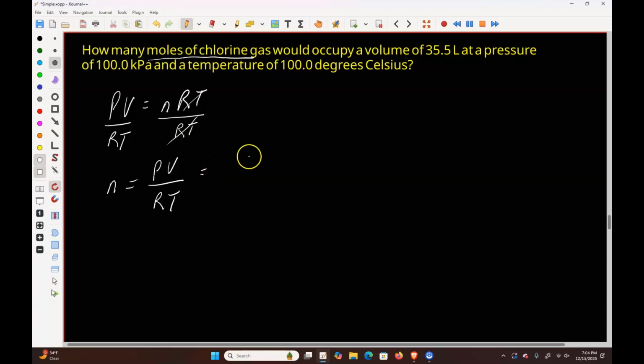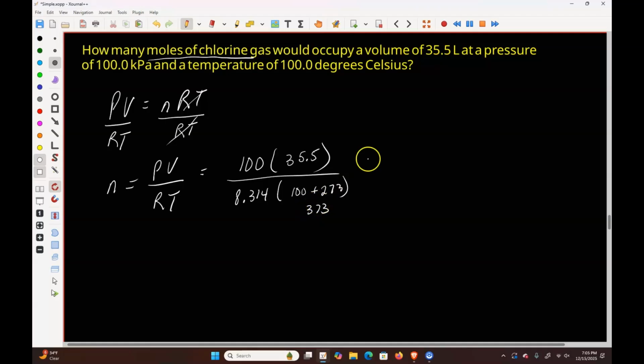My pressure is 100 kilopascals. Volume is 35.5 liters. I had to use 8.314 because I'm using kPa. And my temperature is 100 degrees Celsius, so that's 373. So plugging this in my calculator, I will get 1.14 moles of gas.